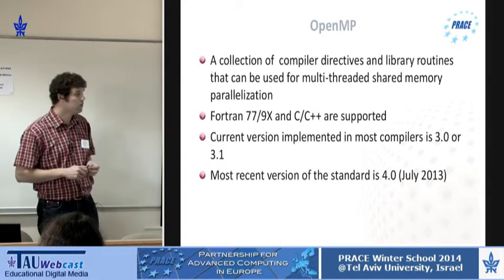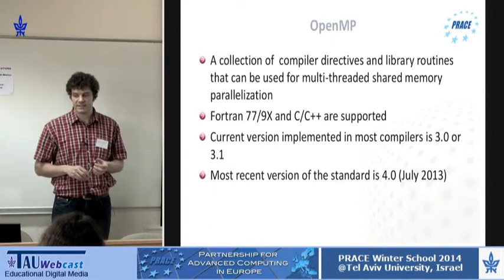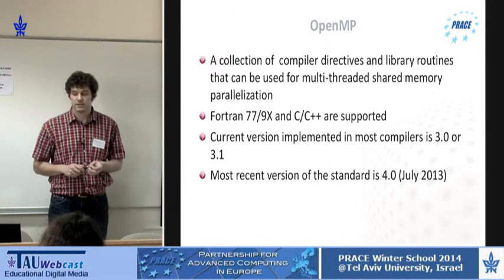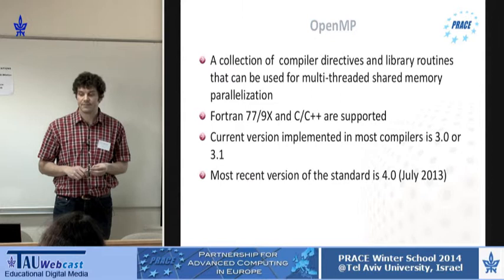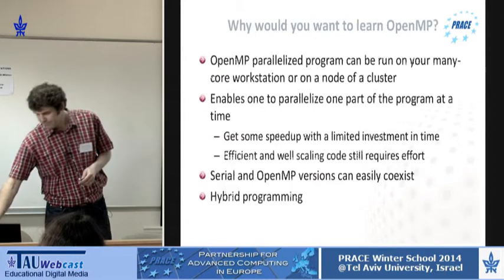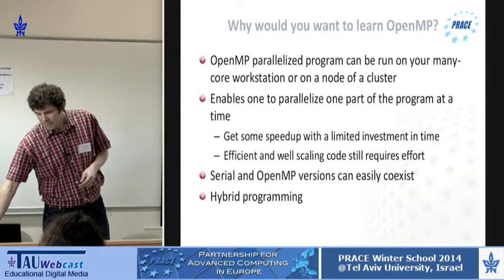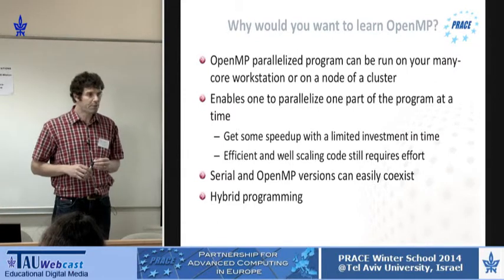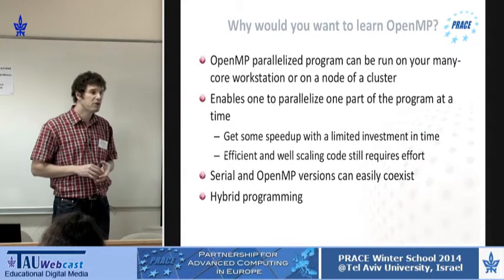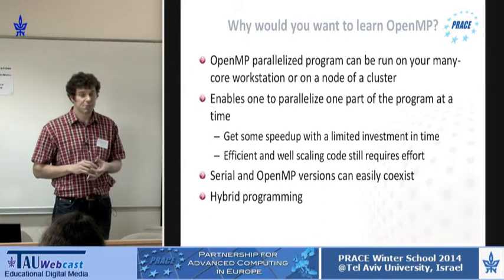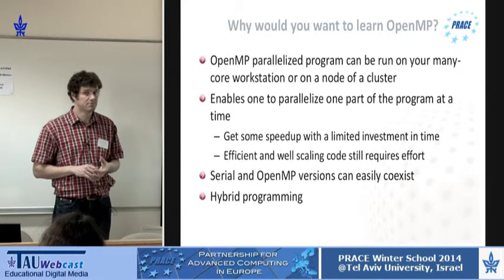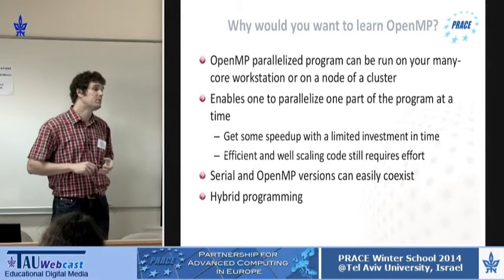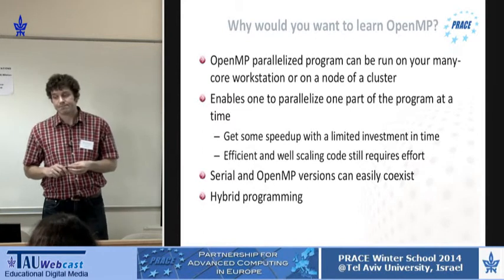OpenMP supports Fortran 77 and probably nowadays also Fortran 2003 and so on, and also C and C++. As OpenMP and practically any thread-based approach relies on the shared memory programming model, that means that there has to be also shared memory in the actual physical machine.